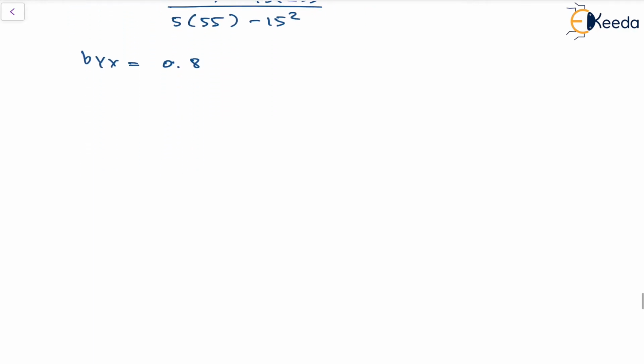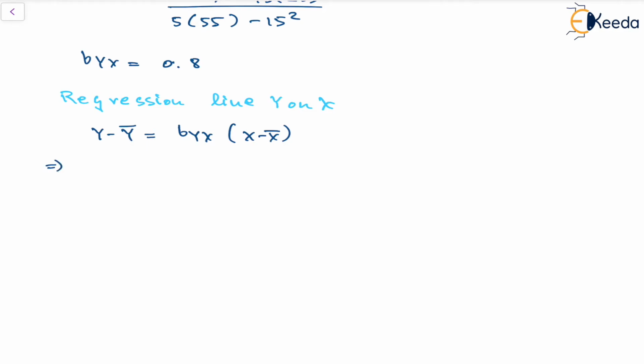Now with this regression coefficient, the regression line y on x will be given as y minus y mean equal to byx times x minus x mean. And we have all the values, so we'll put them here. y minus 5 equal to 0.8 times x minus 3.